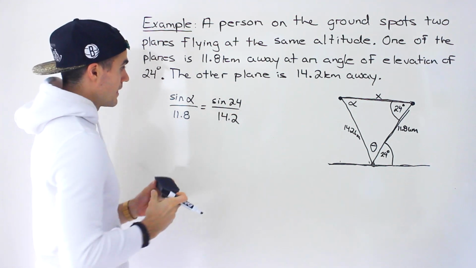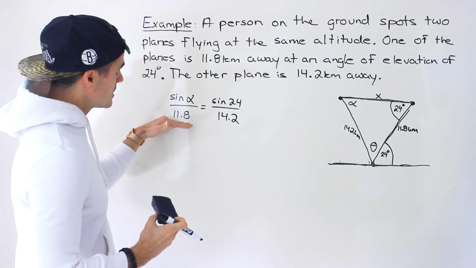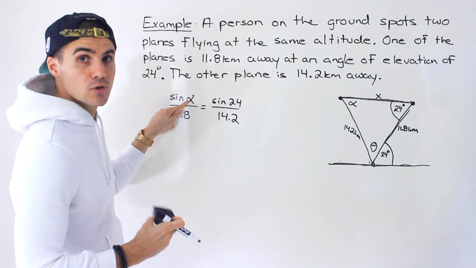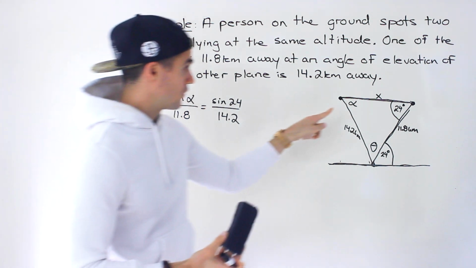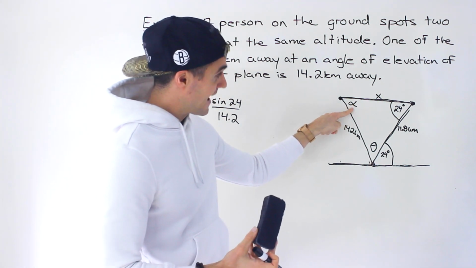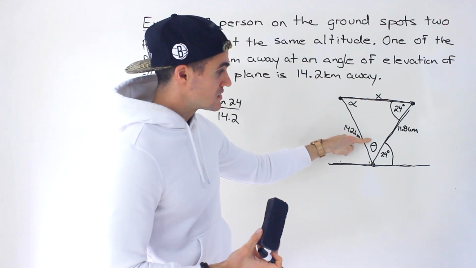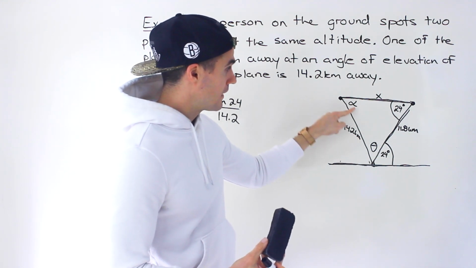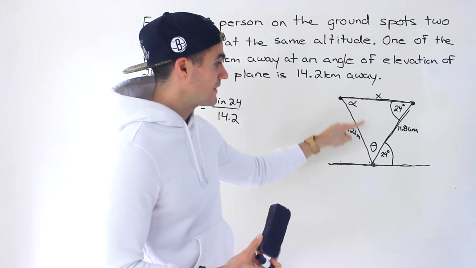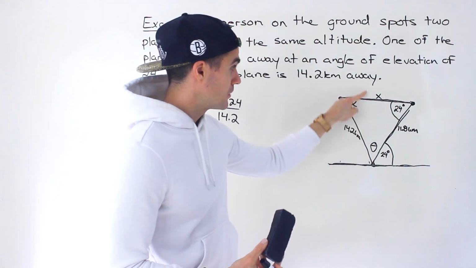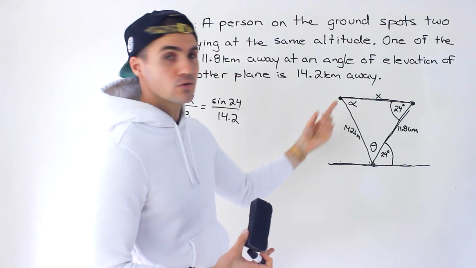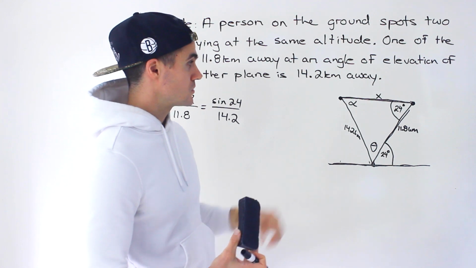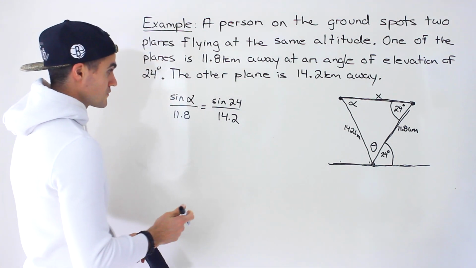Now we would have an equation with only one variable to solve for this alpha angle. Once we have that angle, it's very easy to find the theta angle. It would just be 180 minus those two angles. Then we could set up another sine law ratio to solve for that distance between the two planes, which would be the x value.